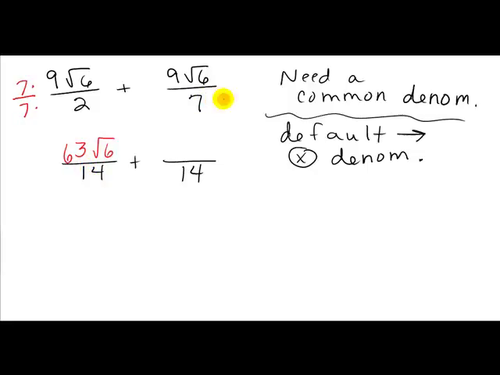Over here, 7 times 2 will give us this 14, so we have to multiply 2 at the top also, keeping in mind that 2 over 2 is 1. Anything times 1 is that same number. So these appear to be different numbers, but they are actually just equivalent fractions.